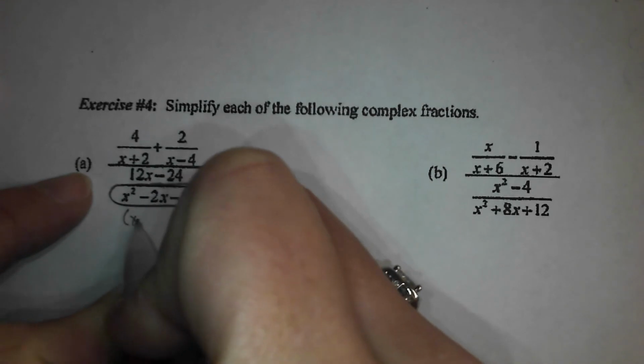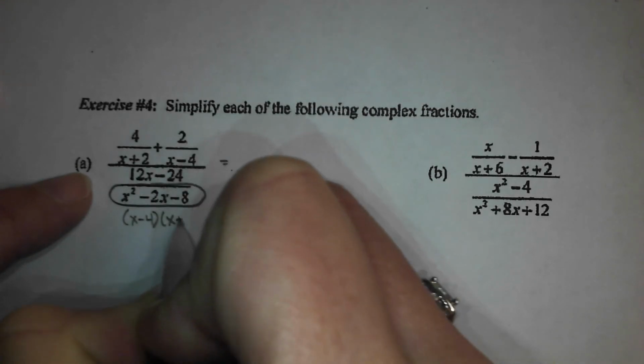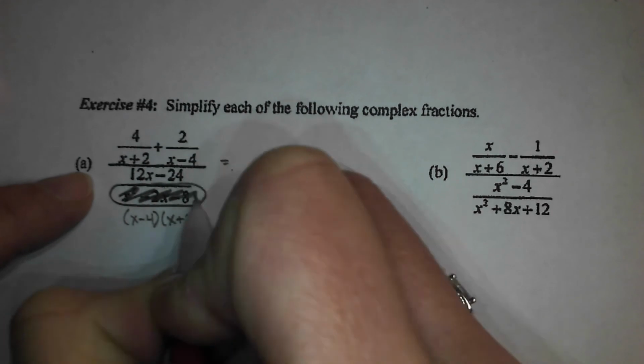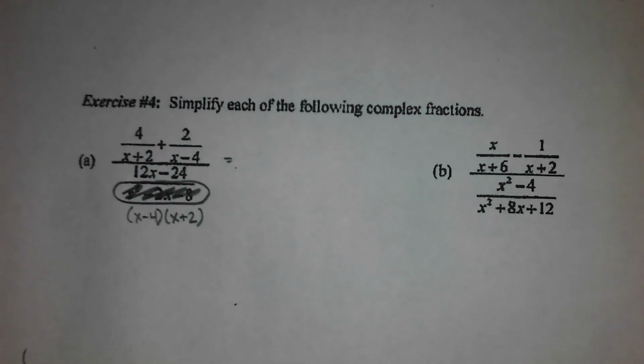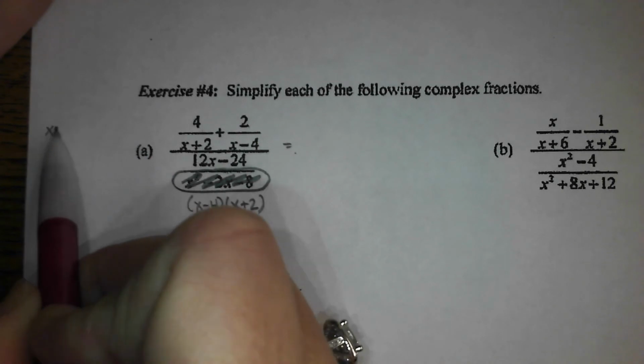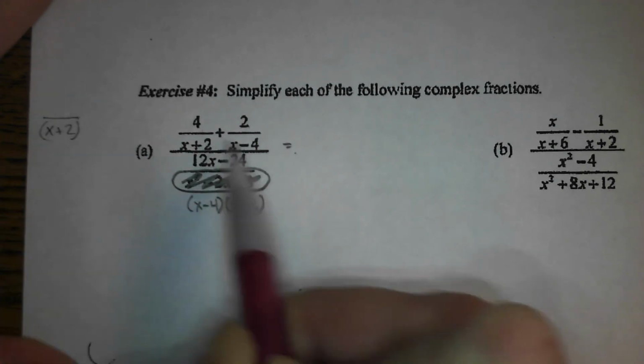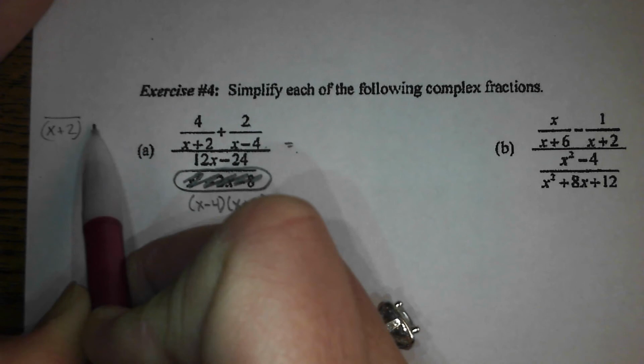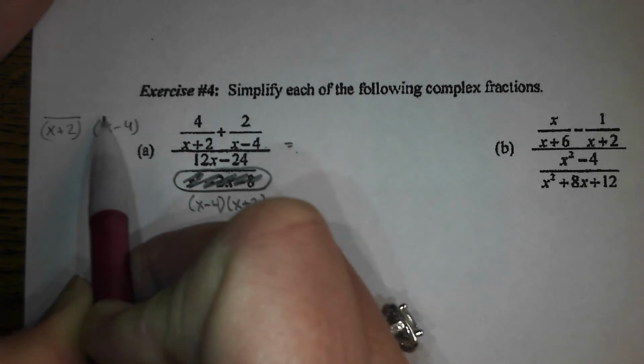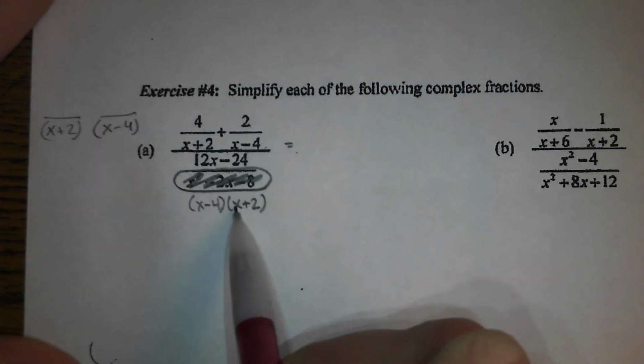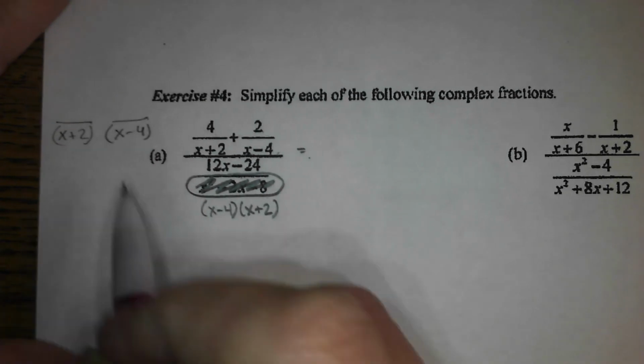So I would do that x minus 4 and x plus 2 and kind of replace that denominator. So I have 3 mini fractions within the larger fraction. There's a denominator of x plus 2. There's a mini denominator of x minus 4. And there's a mini denominator of x minus 4, x plus 2.